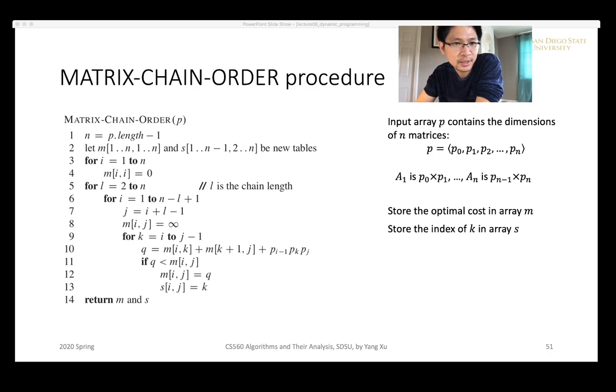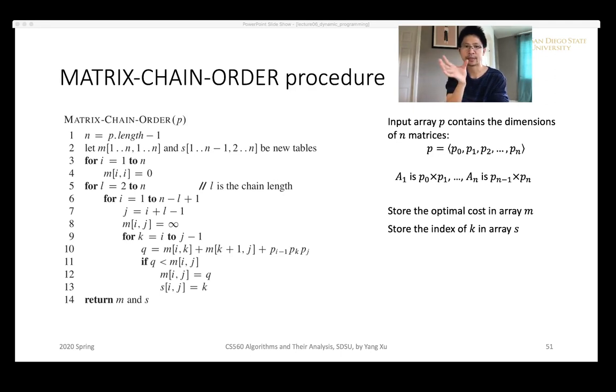Okay, so now let's look at the main body of this procedure. From line 3 to line 4, it's another initialization. It ranges 1 to n, and they make all the diagonal elements at the ith row and ith column to be 0. This is straightforward because MII is the result of multiplying the chain of length 1.